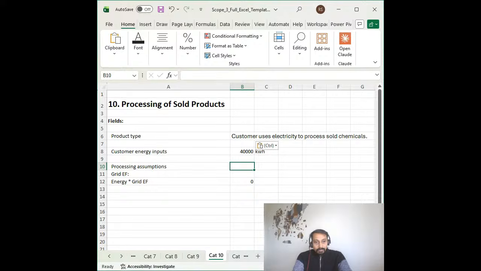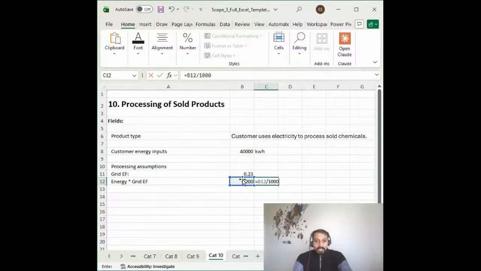And the grid emissions factor is very important here. Again, I'm taking 0.23. It's process based. So overall, it will come under 9.2 tons of CO2 equivalent for category 10.